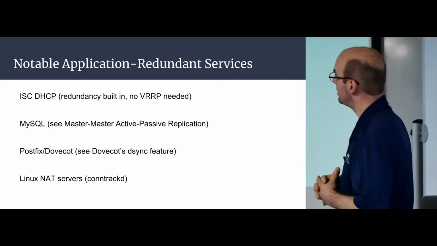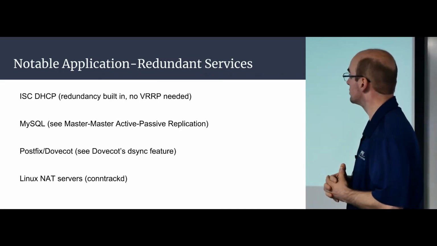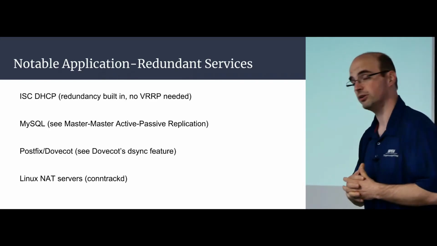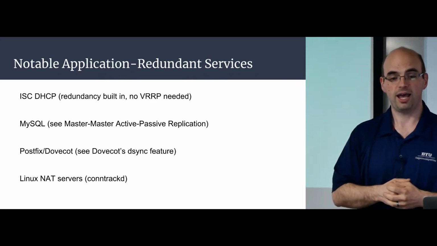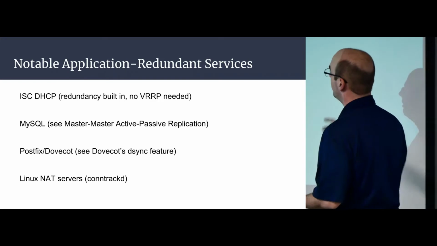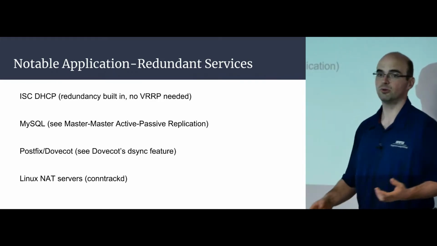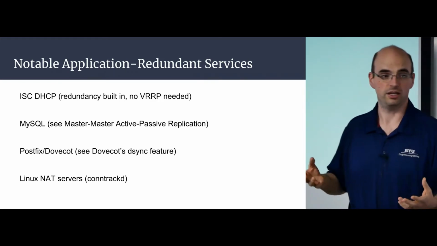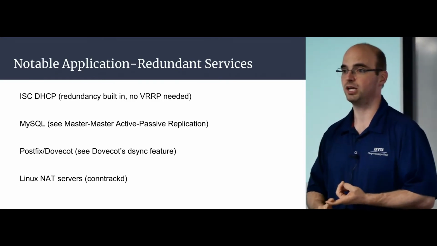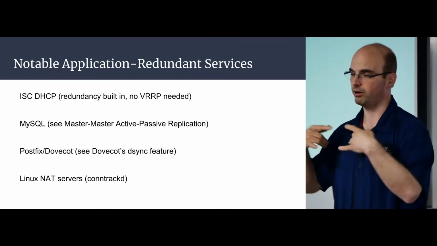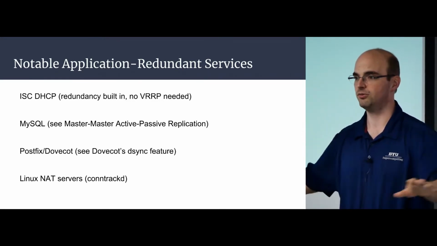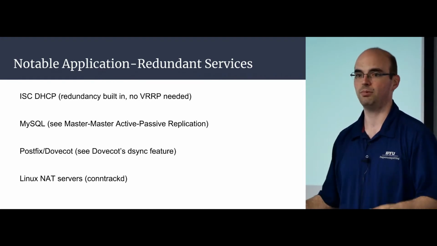These are some of the application level redundant services that we have deployed currently. These are not a complete list. And this runs the gamut here. So DHCP is redundant in many ways, pretty much built in. The ISC DHCP daemon in particular has peering functionality, so there's no VRRP required. You don't have to do anything behind the scenes.